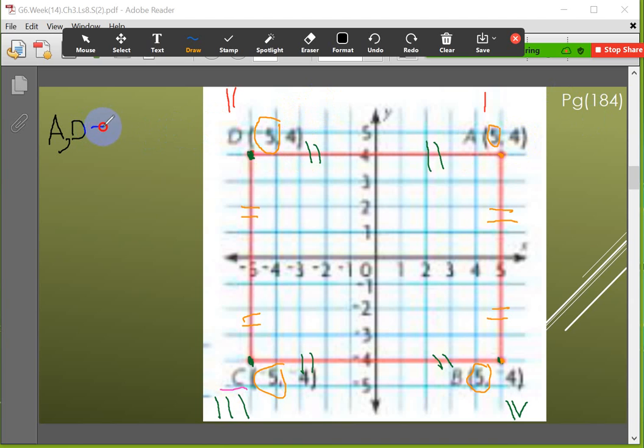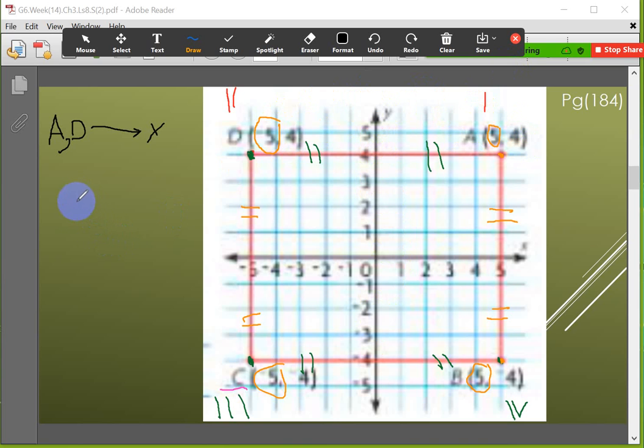So when those 2 points have the same y coordinate, and the x is the opposite, that means the y-axis is the line of symmetry.